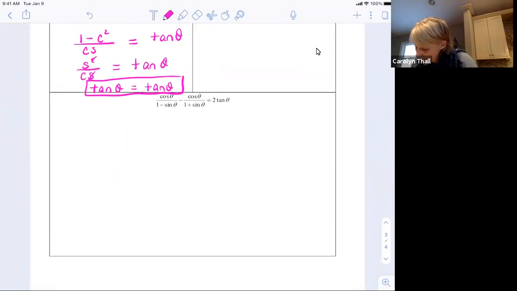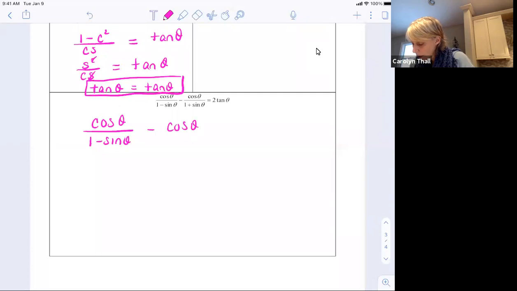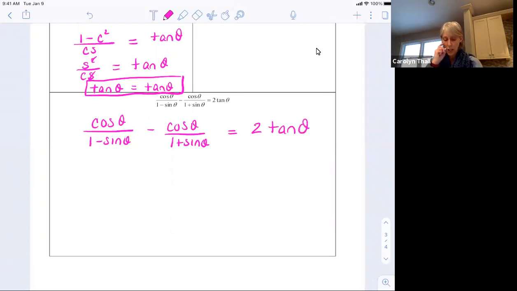So I have cosine theta over 1 minus sine theta minus cosine theta over 1 plus sine theta equals 2 tan theta. Again, I'm going to leave that right side alone because it's one trig expression, and I'm going to see if we can get them to match. On the left side, I have 2 fractions. I can't do anything about the individual fractions, so I'm going to have to add them together.